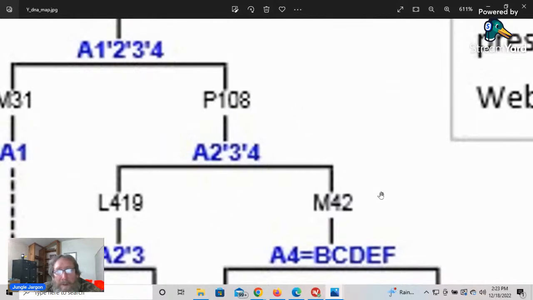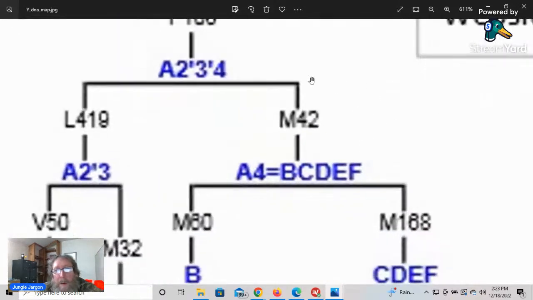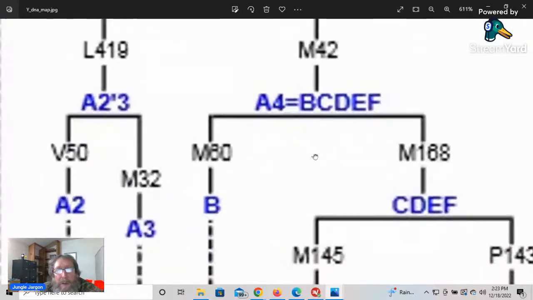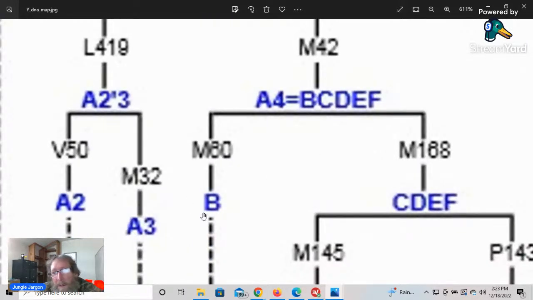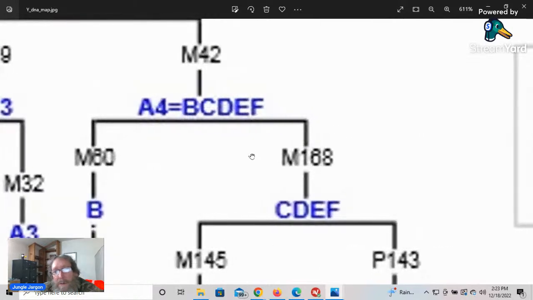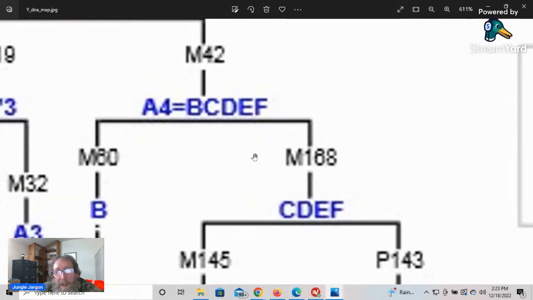Everybody living today shares. This marker here was gained that only B, C, D, and F, which is everybody else, shares this marker. And then, which is a single nucleotide polymorphism.